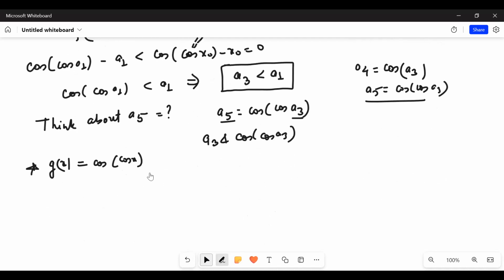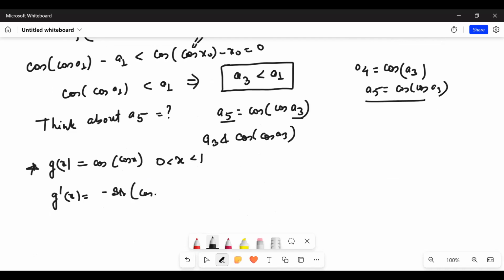I'm considering cos of x for all x lying between 0 and 1, and trying to differentiate it. If I differentiate it, I'll get minus sine of x, and again minus sine of x, so overall this is positive. So g of x is an increasing function. Now, I want to compare a5 and cos of a3, which is equivalent to comparing a3 and cos of a3.